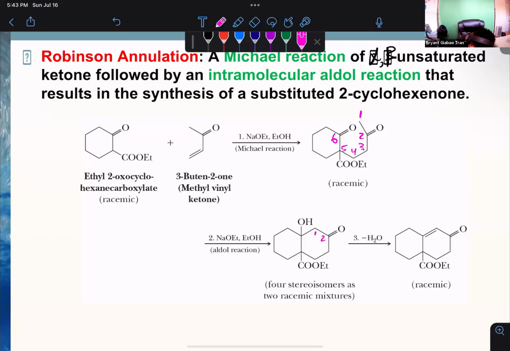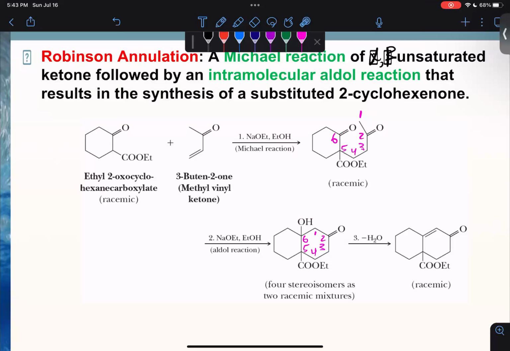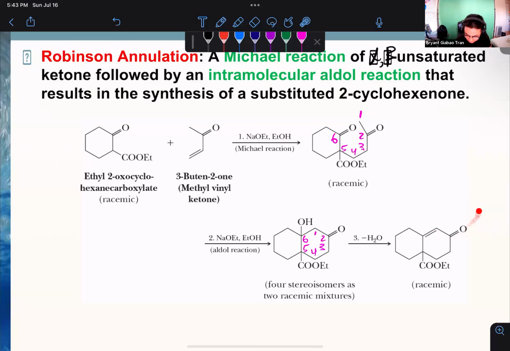When we attack this carbon, we kick up the double bond onto the oxygen with the O minus. That O minus gets a hydrogen from an acid or something. And then from here we do the aldol dehydration. We get rid of the OH and get our enone.